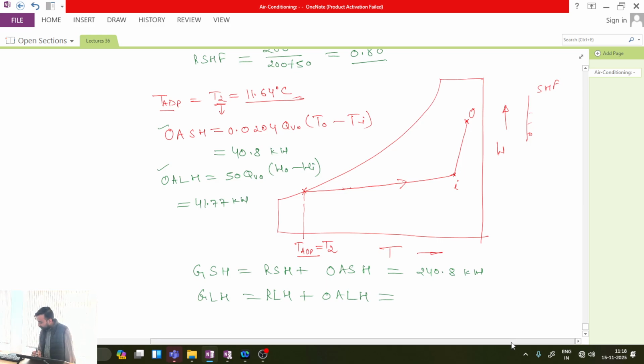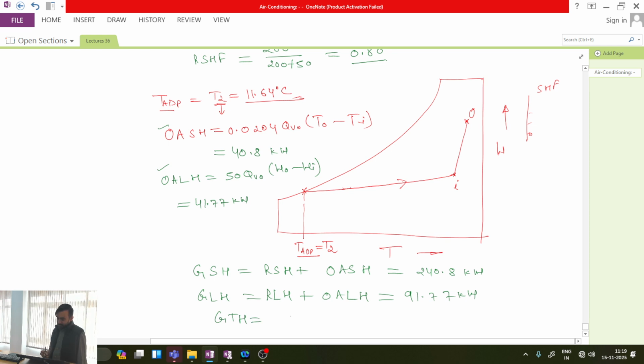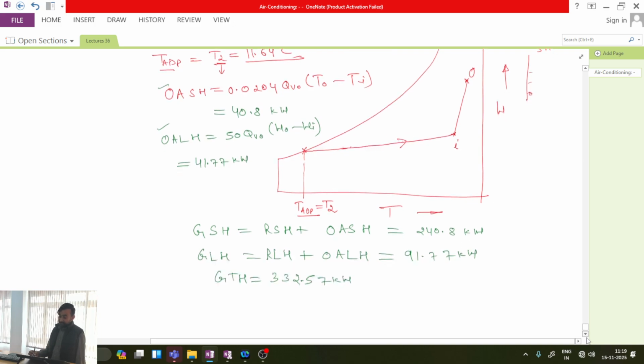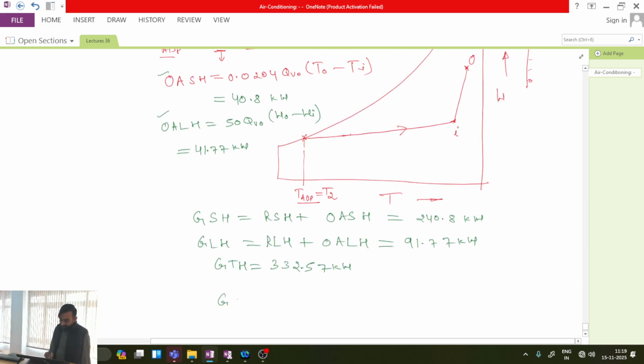So it comes out to be 91.77. If I have to calculate the grand total heat GTH, it will be how much? The sum of these two, which comes out to be 332.57 kilowatt.